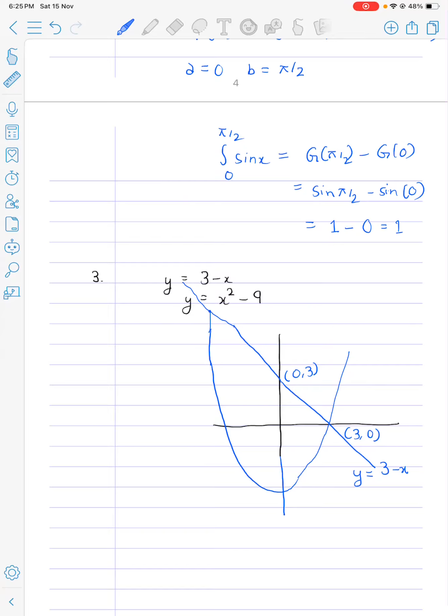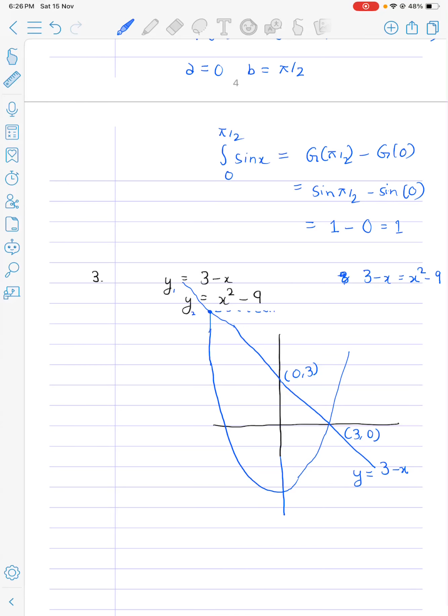To find this point, I'll just equate. Here both of the y values are the same, right? So 3 minus x, let's say y1, and this x square minus 9, y2, we have to find.